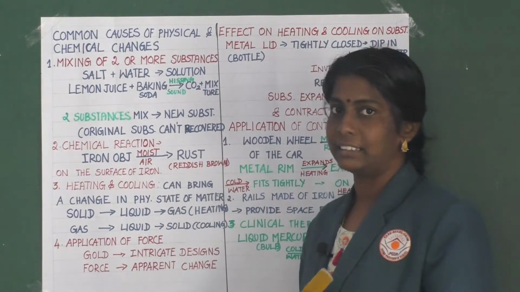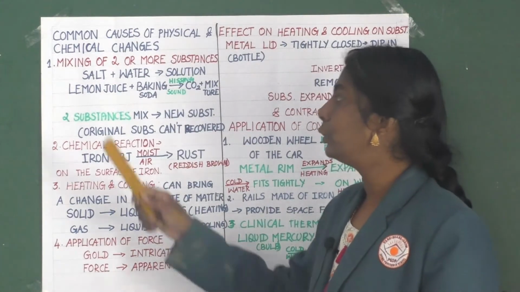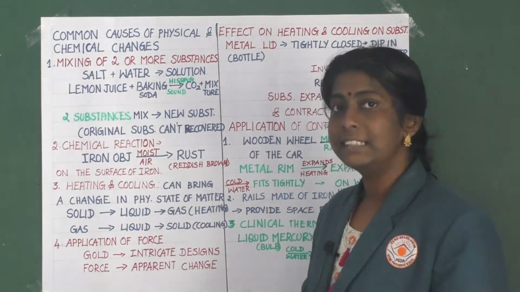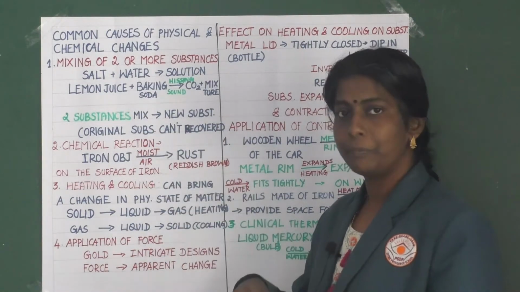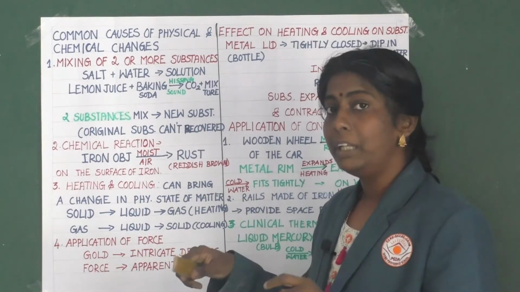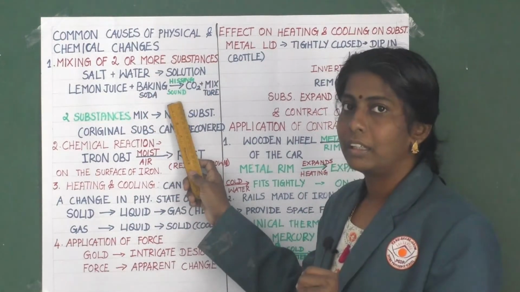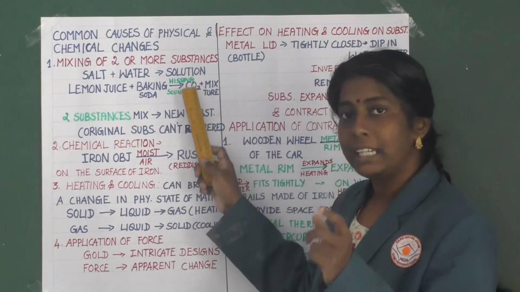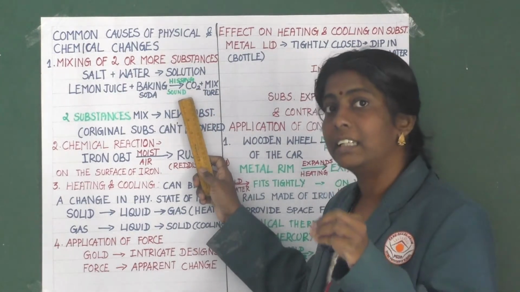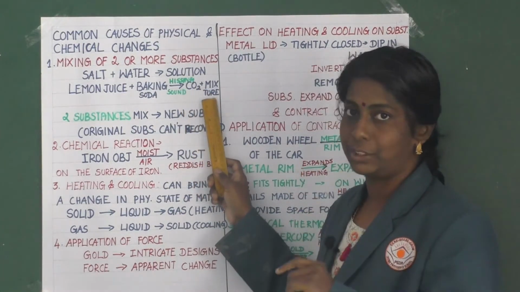Another example: if you add some amount of baking soda to lemon juice, you will hear a hissing sound and carbon dioxide bubbles are seen on top of the mixture.